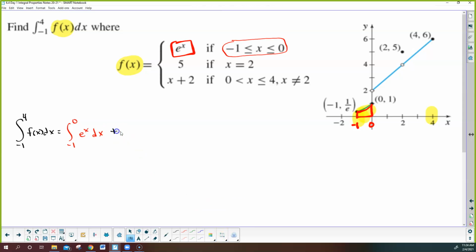Okay? And then I'm going to add the second piece, which needs to go from 0 all the way to 4. And why do I know that it goes from 0 to 4? Look at the domain of the second linear piece. That's the area under the curve from 0 all the way to 4.